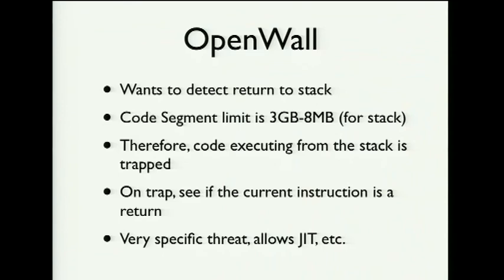They just changed the code segment that is used to fetch instructions and changed its limit to 3 GB minus 8 megabytes, under the assumption that the stack would live in those 8 megabytes. So as soon as the CPU tries to execute an instruction from the stack, it would trap. Because there are some things that actually execute instructions from the stack, for example, GCC can create those trampolines, because GCC is a piece of shit, sorry.